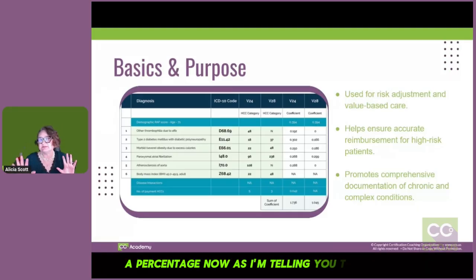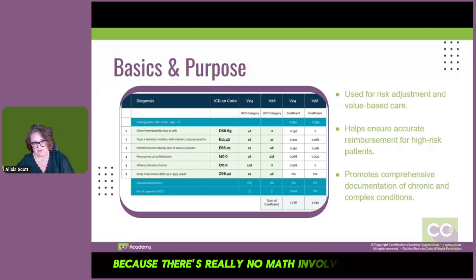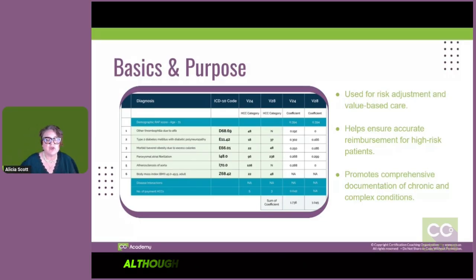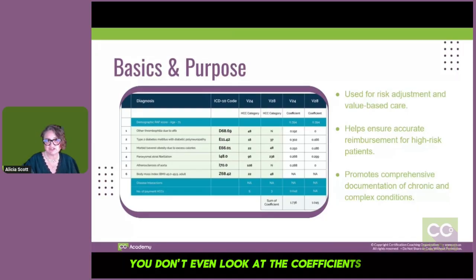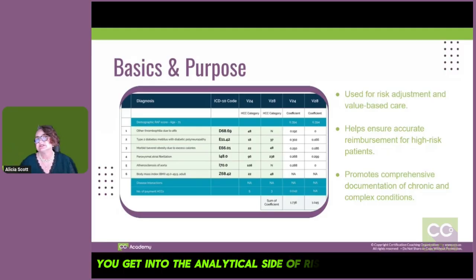Now, as I'm telling you that, I don't want you to start getting upset because there's really no math involved here. Although it will appear that there's math, the math is all done for you. And a lot of times you don't even look at the coefficients for that category, for that version. It's all done by the computer unless you get into the analytical side of risk adjustment.